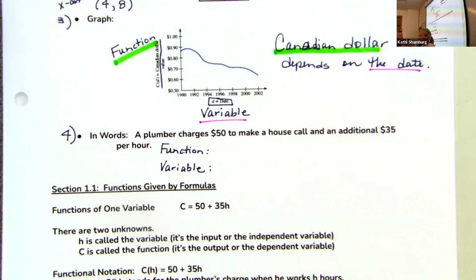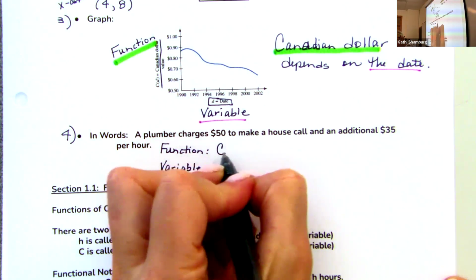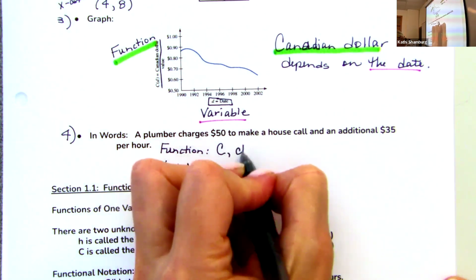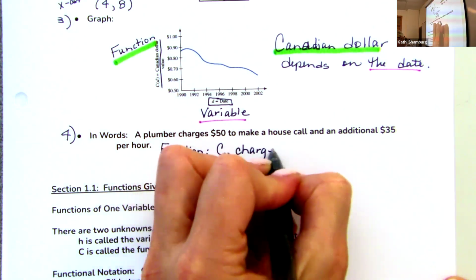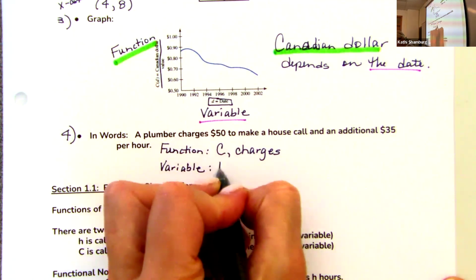So if charges depend on hours, what's always first, function or variable? Function. So function is my charges. I'll call it C. Which would make my variable what? Hours, which I'll call H.